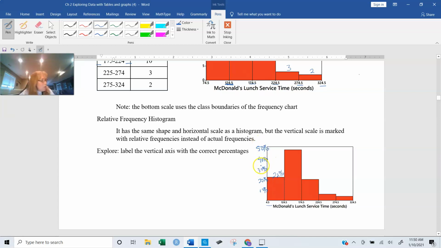It's the percentage of your data that falls there. This one would have been 48%. It looks identical in shape, which is what we want. Then 20%, 6%, and 4%. So now you've created a relative frequency histogram. We went from a frequency histogram to a relative frequency histogram.